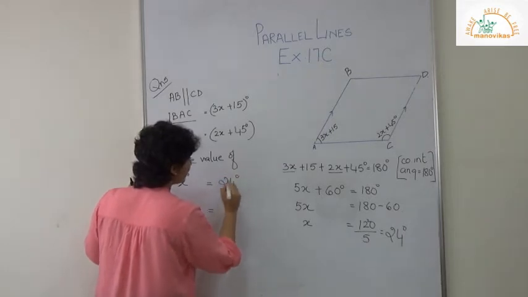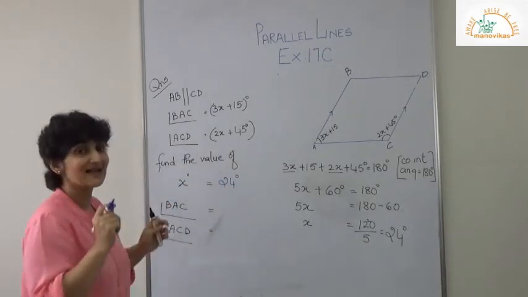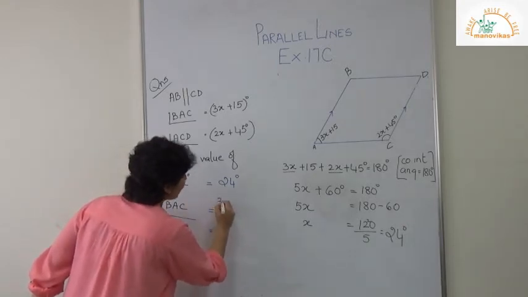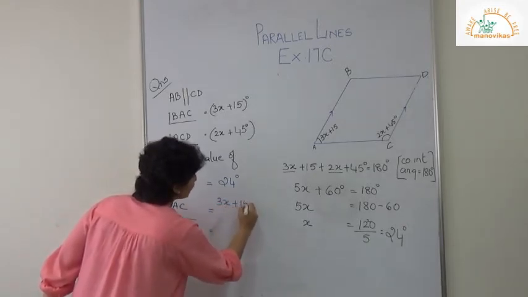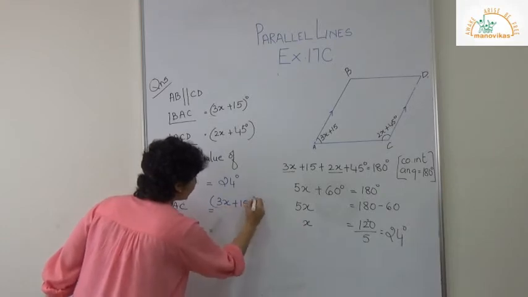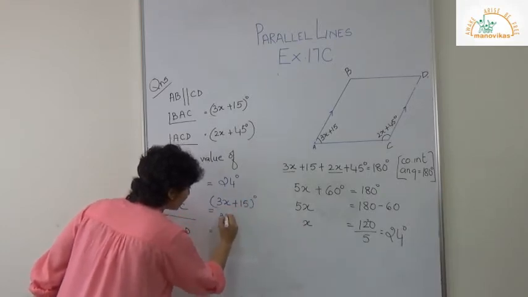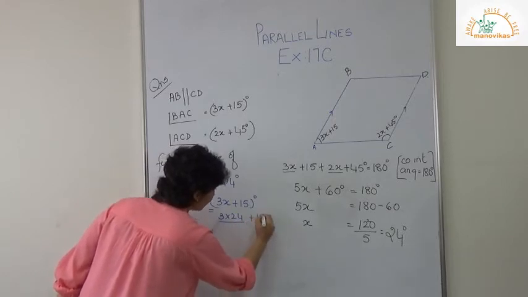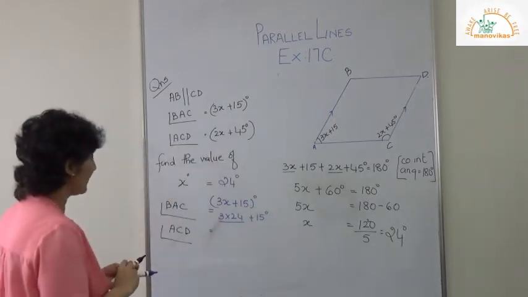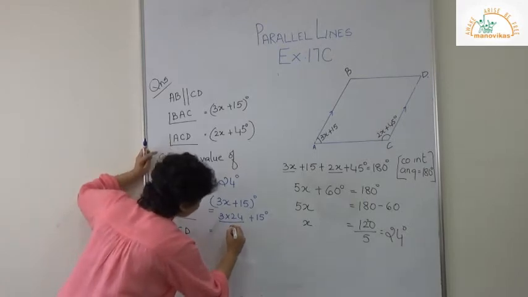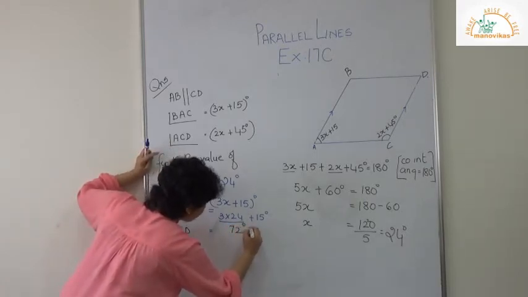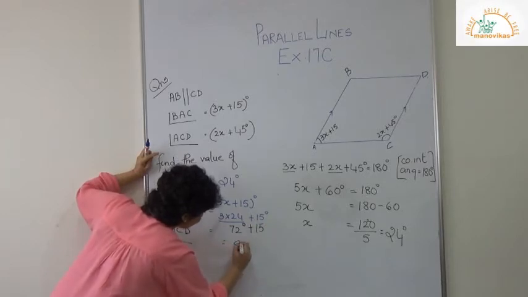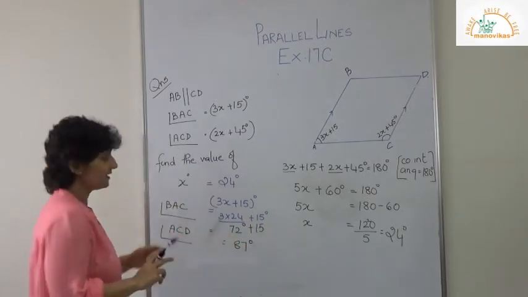What is angle BAC? Angle BAC is 3x plus 15, this whole thing, right? So how do you work it out? 3 into 24 plus 15 degrees. So when I multiply 24 into 3, I will get 72 degrees plus 15. So when I add that, I get it as 87 degrees.